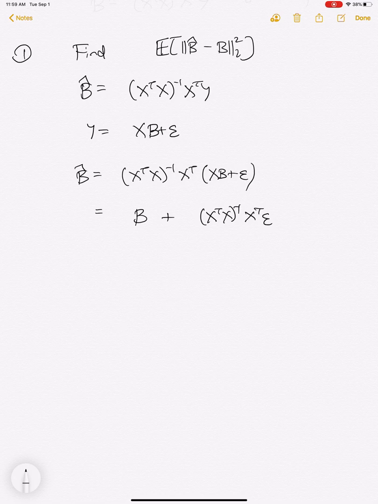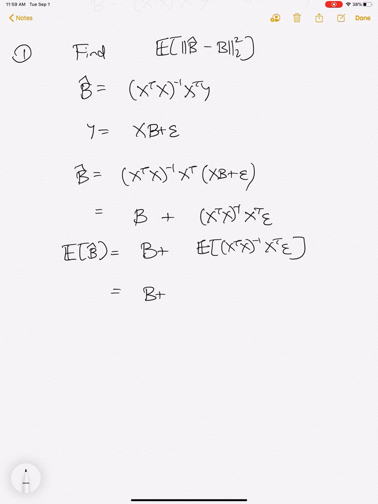So now we can address the question of bias straight away, because we have the expectation of b hat.